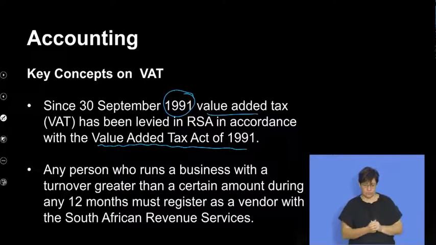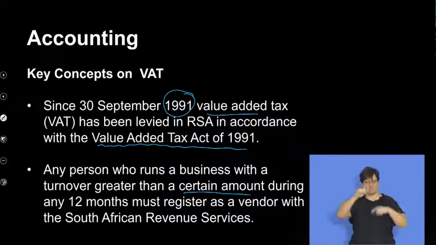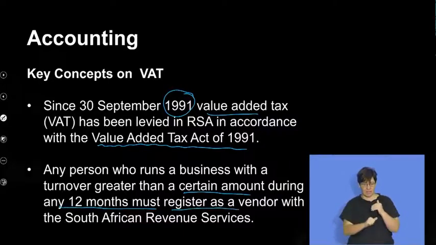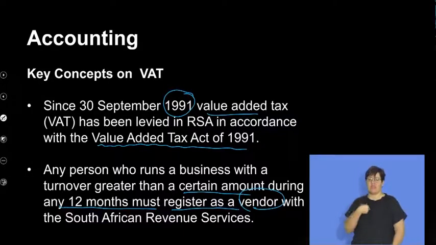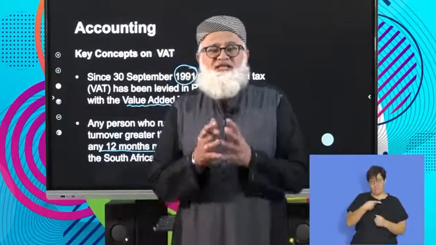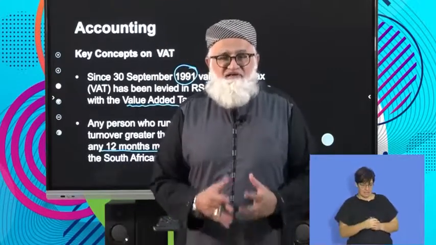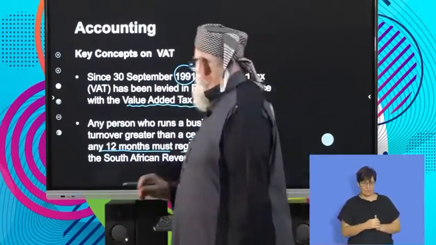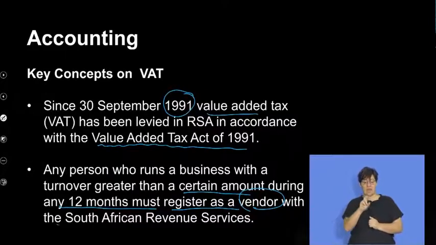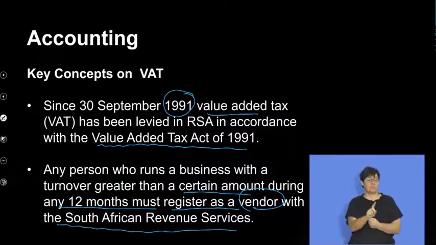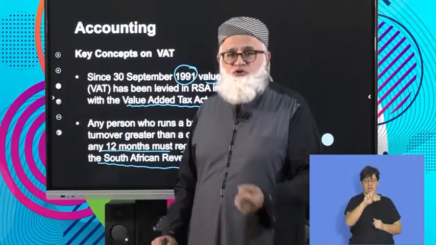Any person who runs a business with a turnover greater than a certain amount, which is also adapted and changed from time to time, within a period of 12 months, must register as a vendor. So once you register, you are called a VAT vendor. Okay, and if you're a VAT vendor, then you are registered with SARS. Obviously, the acronym SARS stands for South African Revenue Services.